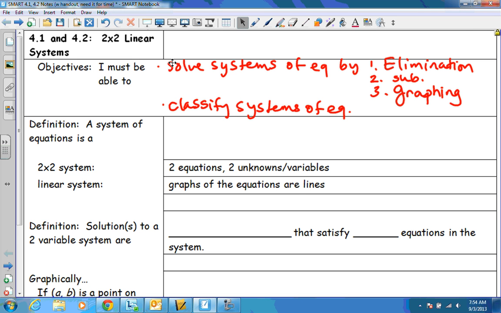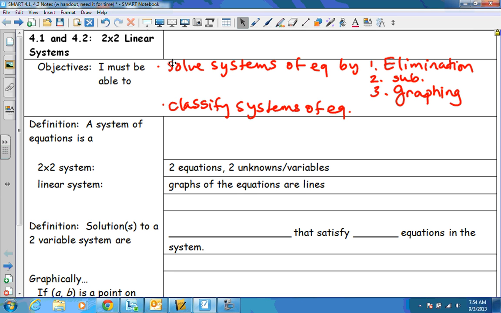Okay, so if I gave you something like this, right? One equation, one unknown, just the x's, even if I have an x over here. Can you solve for it? Yes. What if I gave you this? Can you find the numerical value for x now? No. But if I then threw in another equation, can you now?